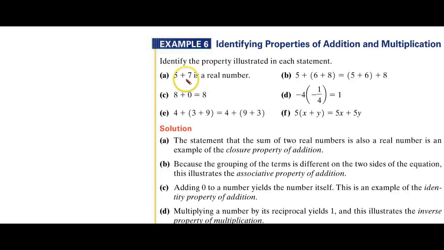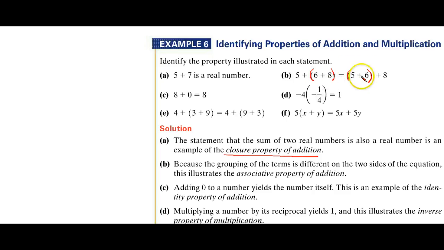What is this showing? That 5 plus 7 is a real number. This is the closure property of addition. Here we have 5, 6, 8, 5, 6, 8. The order's the same, but the grouping symbols are placed differently.